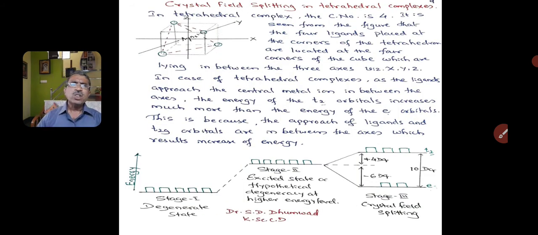Now let us study the crystal field splitting in tetrahedral complexes today. In a tetrahedral complex, the coordination number is 4.